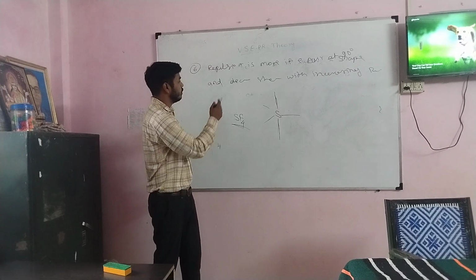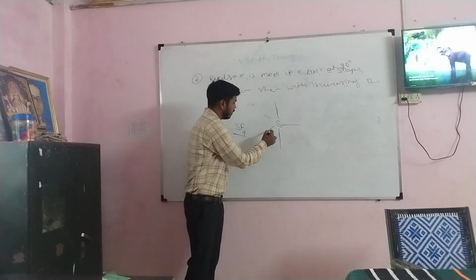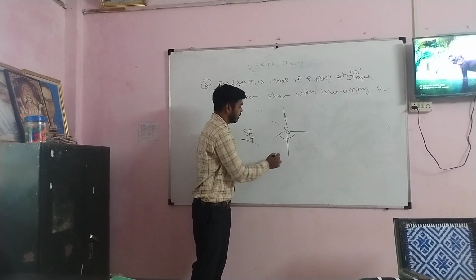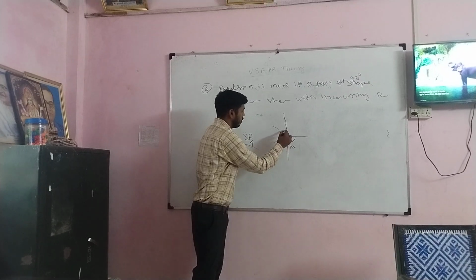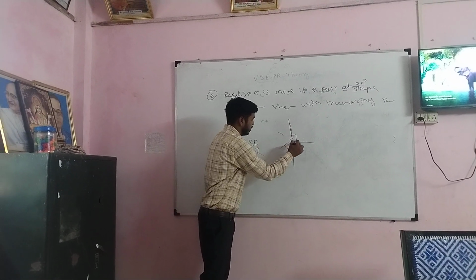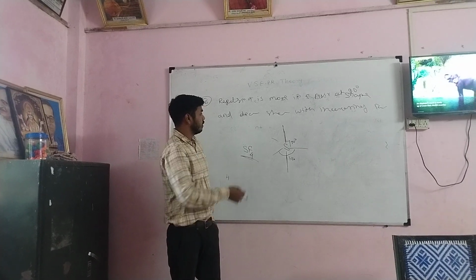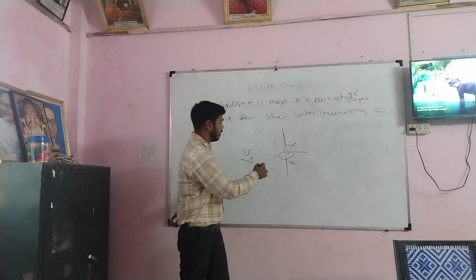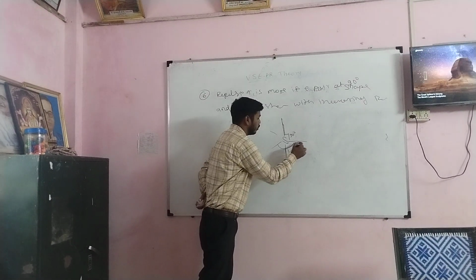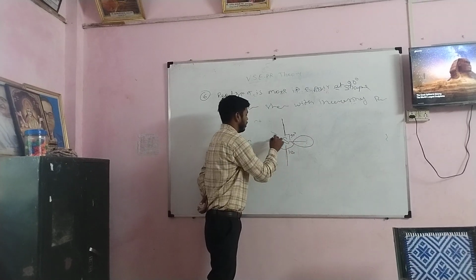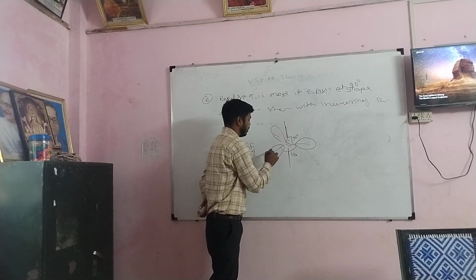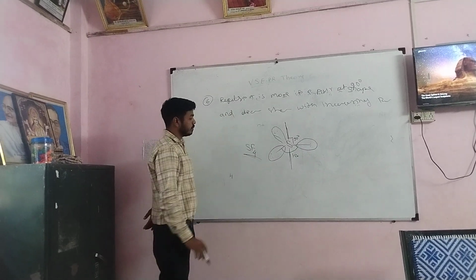According to this rule, the equatorial bond angle is 120 degrees and the axial bond angle is 90 degrees. So the lone pair occupies the equatorial position, that is this position or this position or this position, any one of the positions.